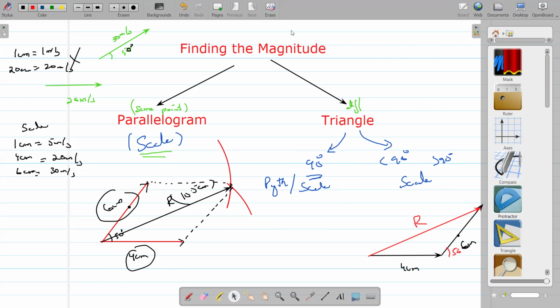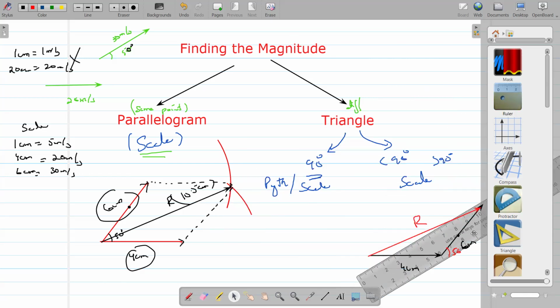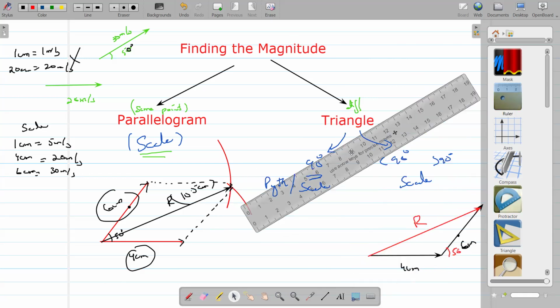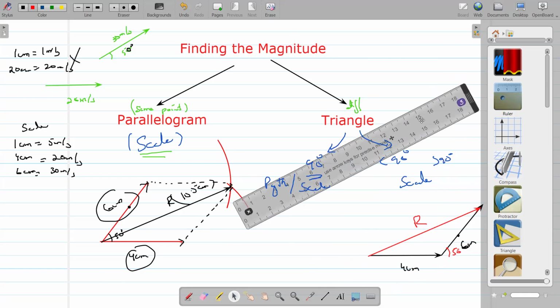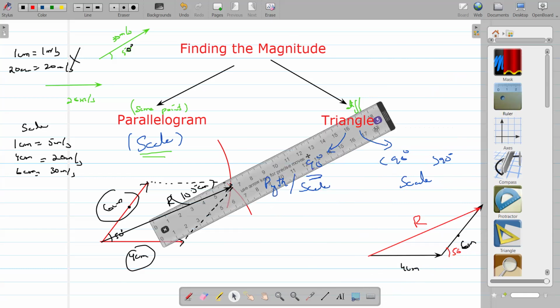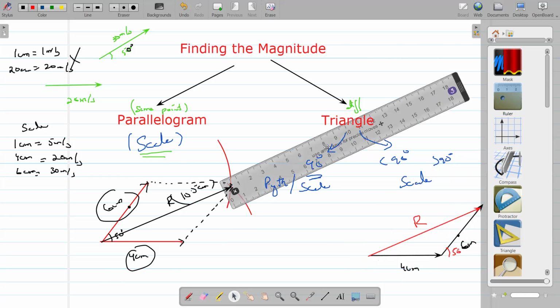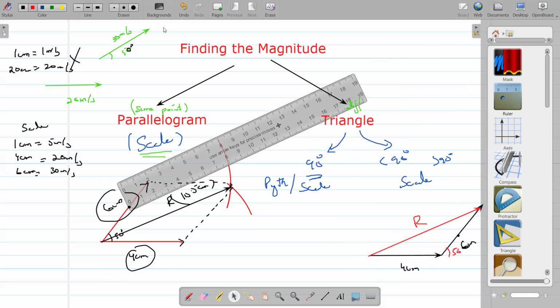And at the last, to work out the magnitude of the resultant, we just place a ruler and measure the length of that resultant. So measuring the length, we just write that length. That will be the magnitude of this resultant.